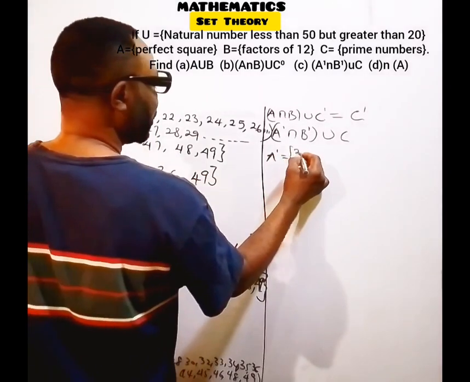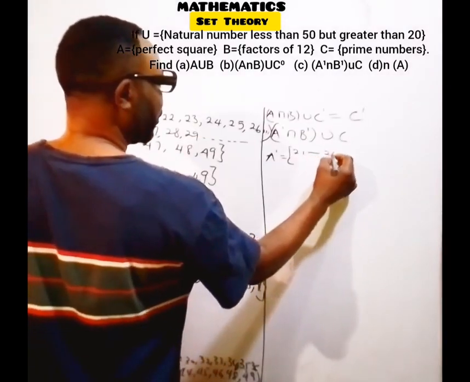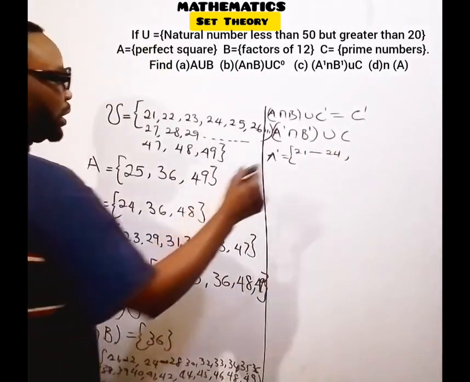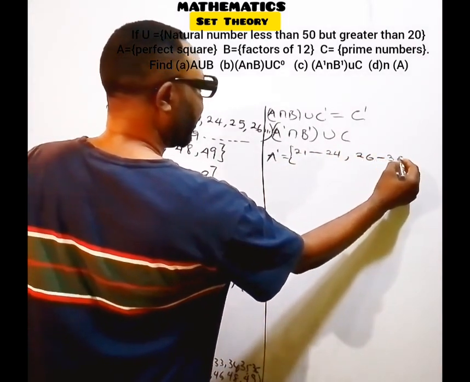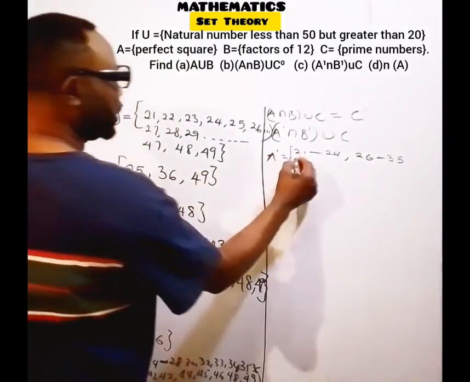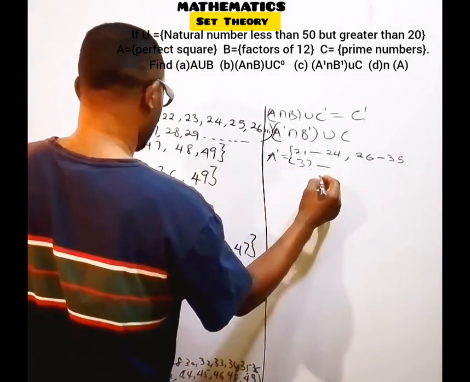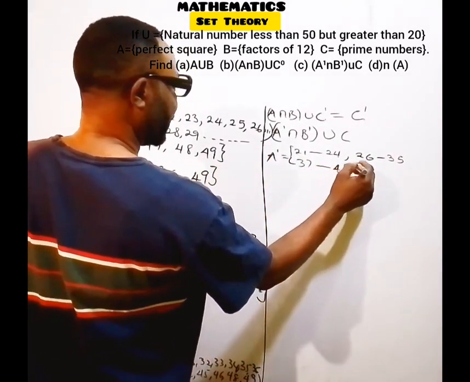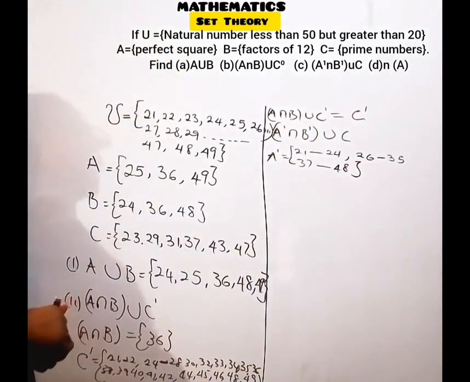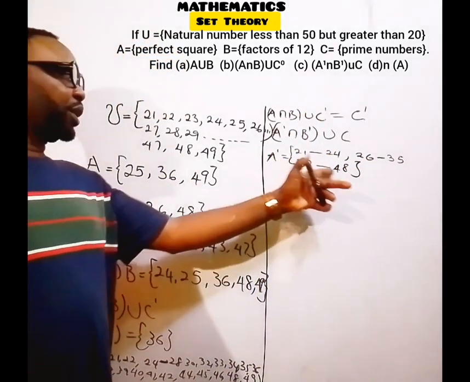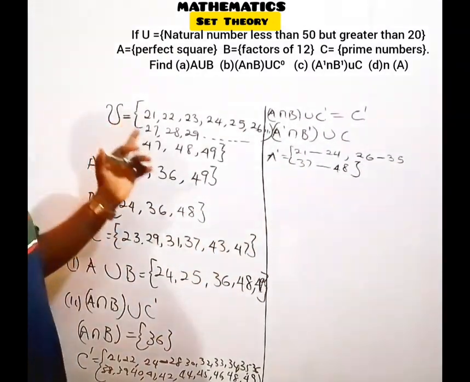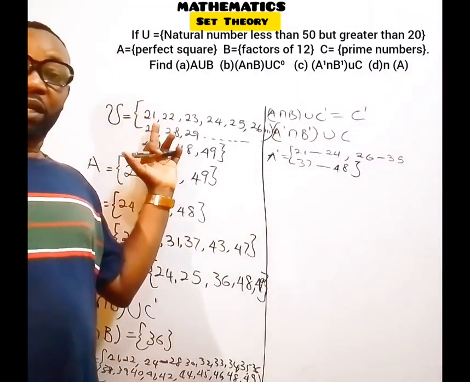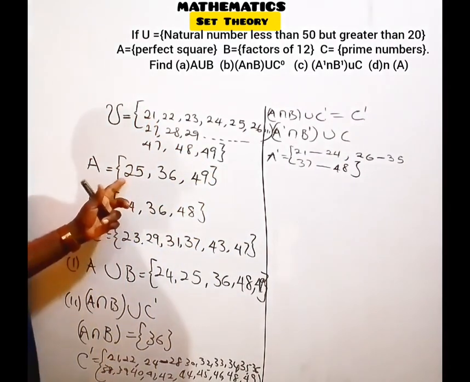That will be 21 to 24, then 26 to 35, then 37 to 48. These are the values found in the universal set but not in set A.